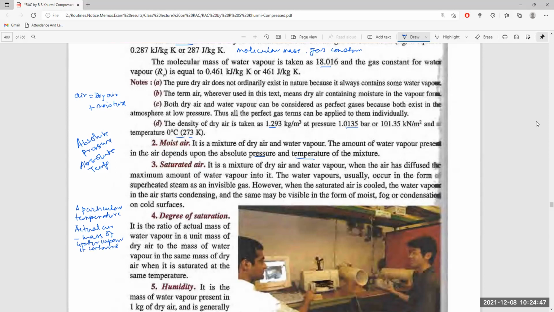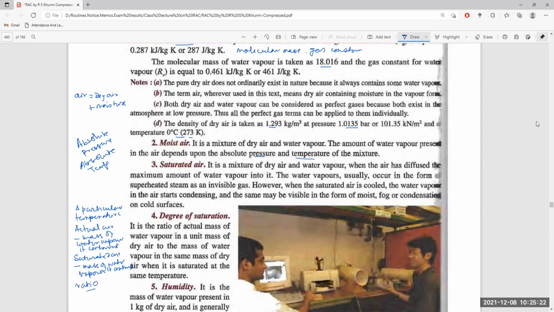And for saturated air, the mass of water vapor it contains. The ratio between these two is known as the degree of saturation.